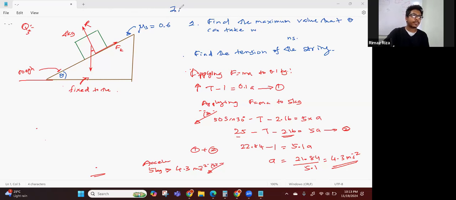Yeah, let's say initially the object is stationary on the inclined plane.